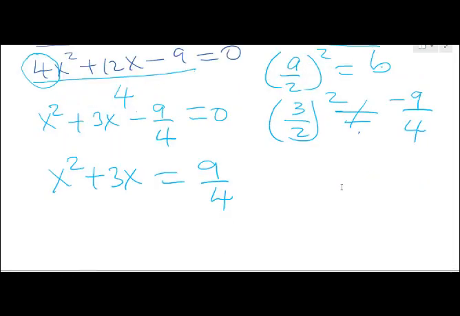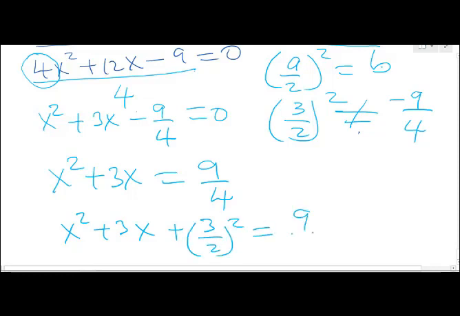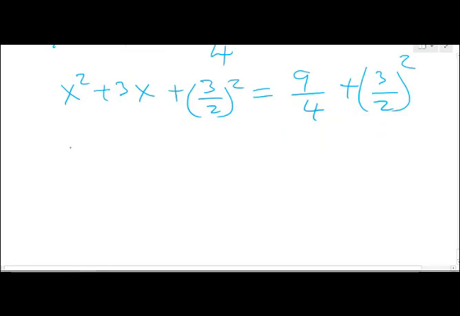At this point, we add a value for b on both the right and left hand side, so therefore we have x squared plus 3x plus 3 over 2 everything squared is equals to 9 over 4 plus 3 over 2 everything squared. At this step, we factorize the left hand side and simplify the right hand side, and we are going to get x plus 3 over 2 everything squared is equals to, if we simplify the right hand side, simply 9 over 2.